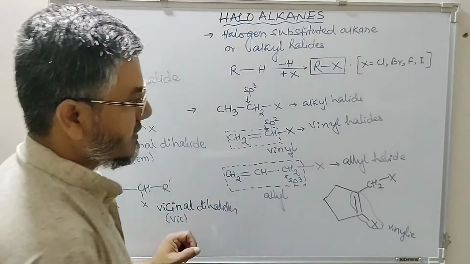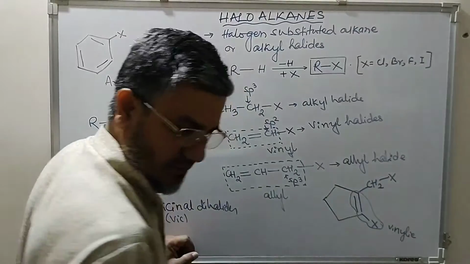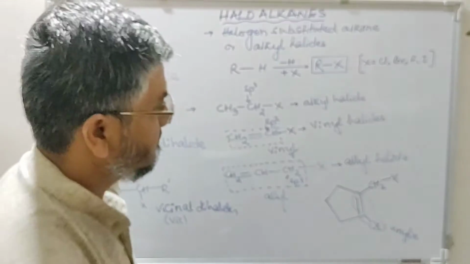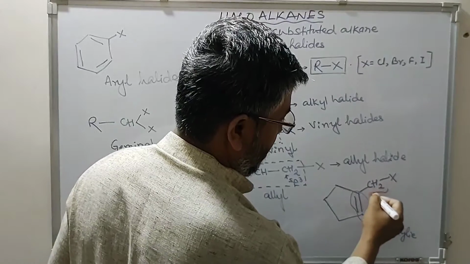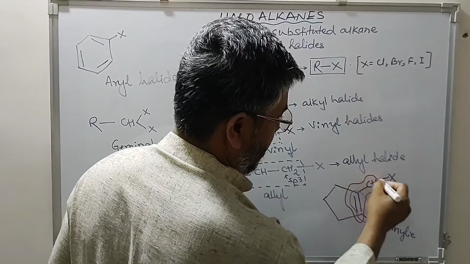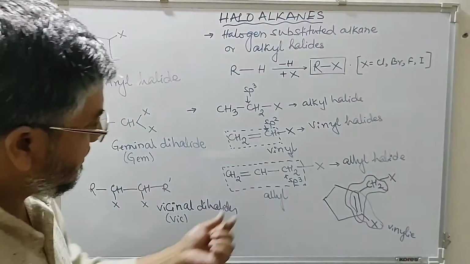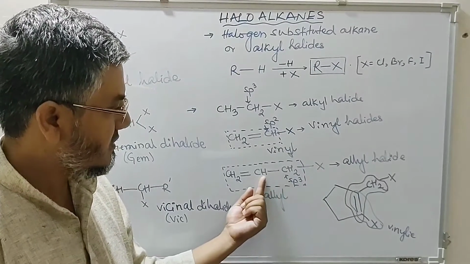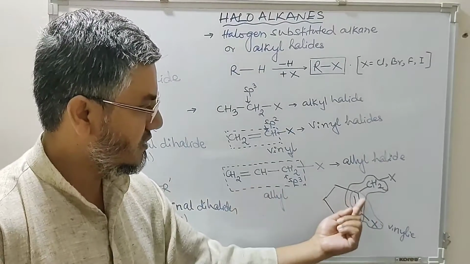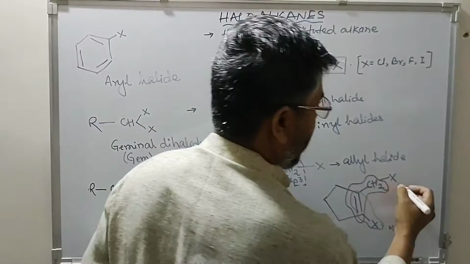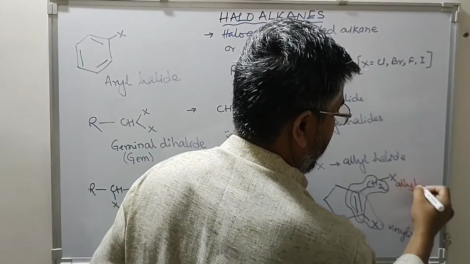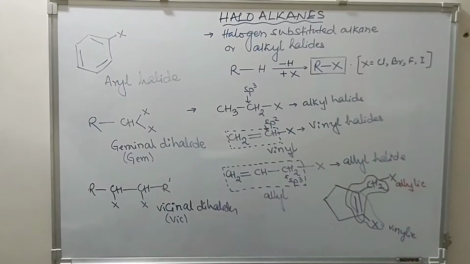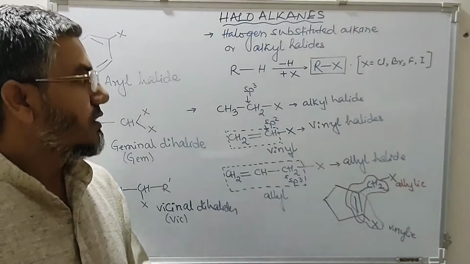So again look at this part of the molecule. This part of the molecule is similar to this allylic group. So we have CH2, C double bond C, CH2, C double bond C. So this part is what we call as allylic. So both allylic and vinylic may be present in the same compound.